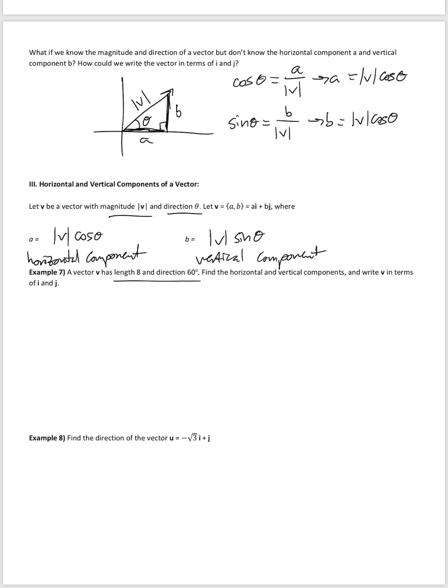So, looking at example 7, a length of 8, so that means the magnitude of this vector is 8, a direction of 60 degrees, so theta is 60 degrees. Find the horizontal and vertical components, and then write the vector in terms of i and j. So my horizontal component, A, is going to be the magnitude of v times the cosine of theta. That's 8 times the cosine of 60 degrees, 8 times 1/2, which is 4.